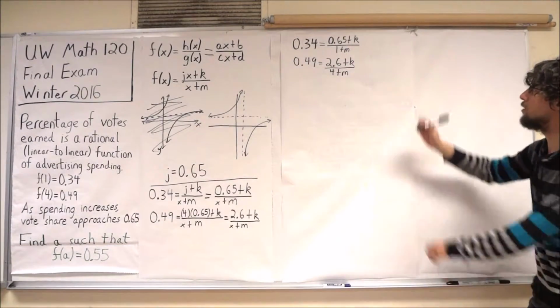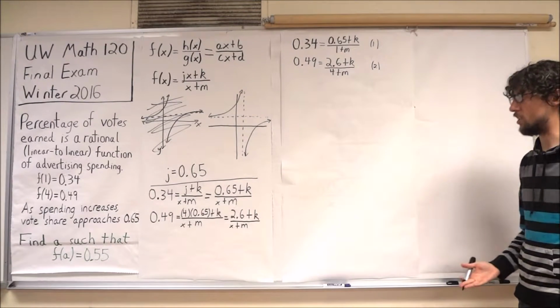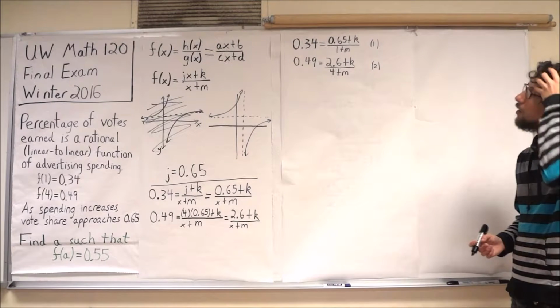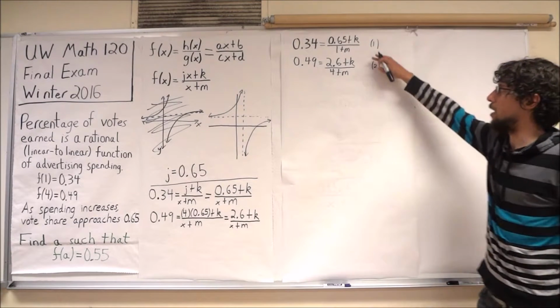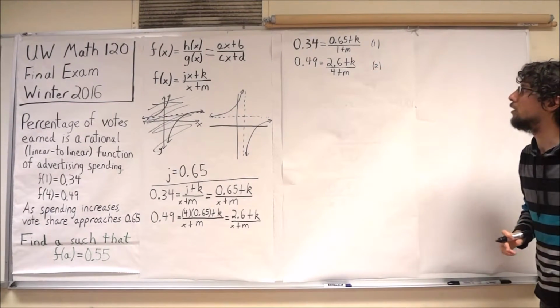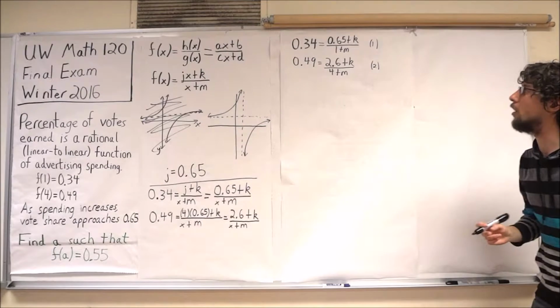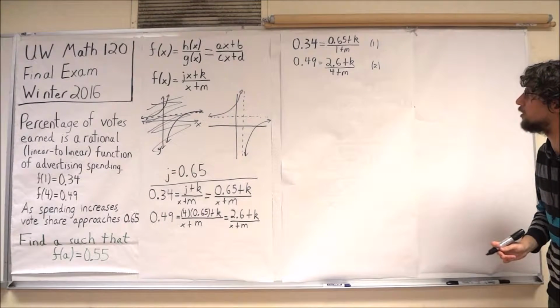Okay, so now I have my 2 equations, and I need to solve the system for k and m. I think I'll clear the fractions and the decimals. I'll clear the fractions by multiplying by 1 plus m and 4 plus m, respectively. And I'll clear the decimals by multiplying by 100 on each.